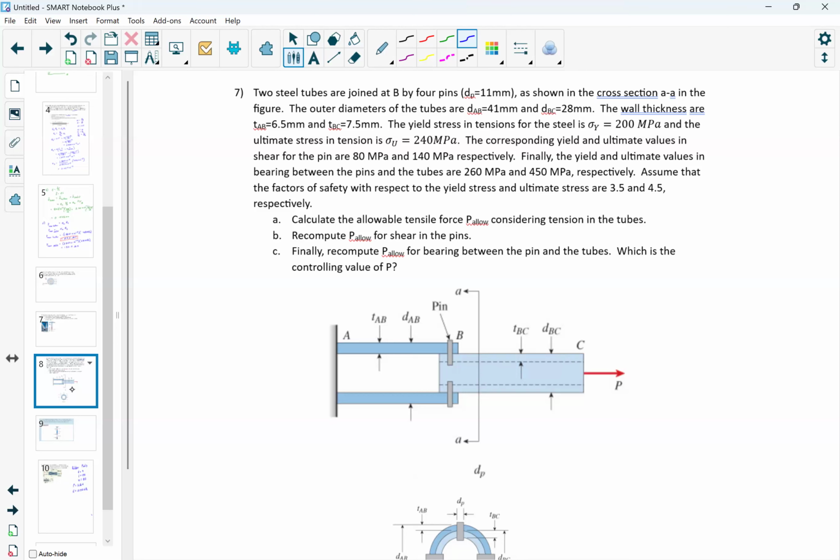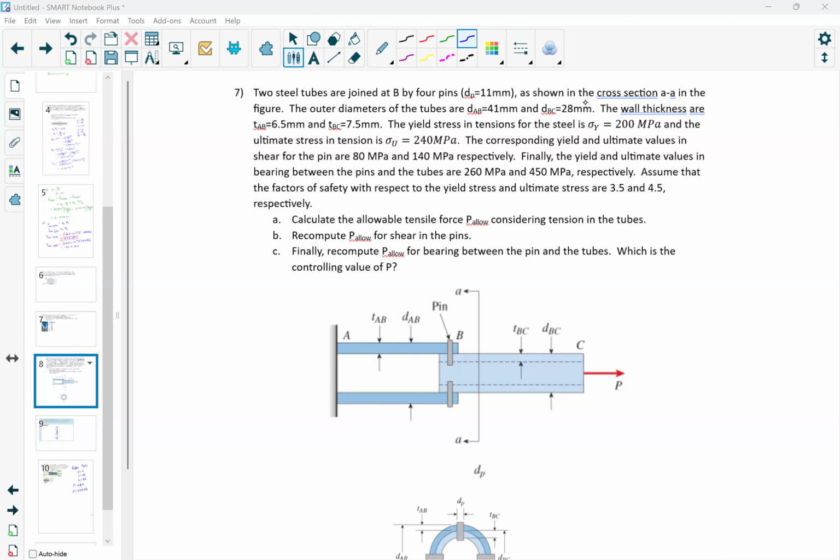All right. So we have two steel tubes joined together at B by 4 pins, and we're given the diameter of those pins, as shown in the cross section. The outer diameter of the tube is 41.